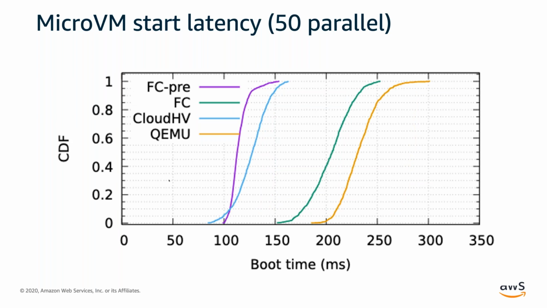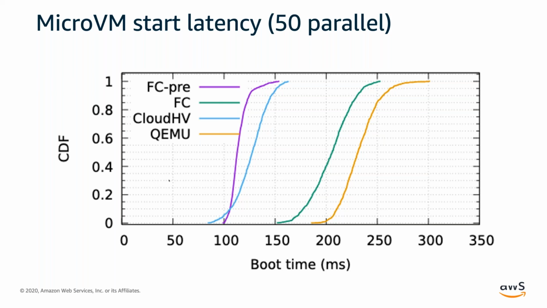The next test, and this was an important one for us again because of how quickly we change workloads inside Lambda, was launching many micro VMs in parallel at the same time. And here's where Firecracker really shows the optimization work that we've done. In this test, we launched 50 micro VMs all at the same time, 50 concurrently starting up in parallel.